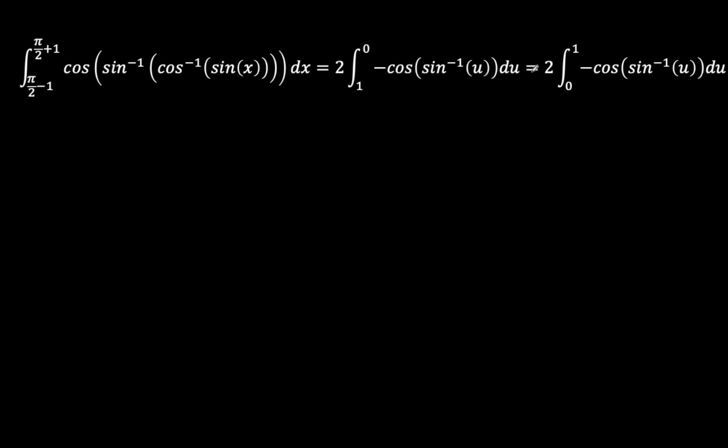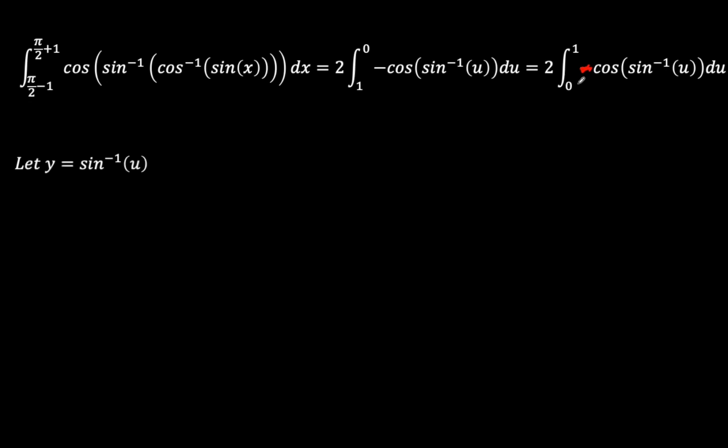And so the negative here comes from the dx being equal to negative du. And so we have twice of that. When we have a negative sign, we need to cancel this out, so we can now flip the limits. So 0 goes below, and 1 goes up. And then I mistakenly left a negative here.